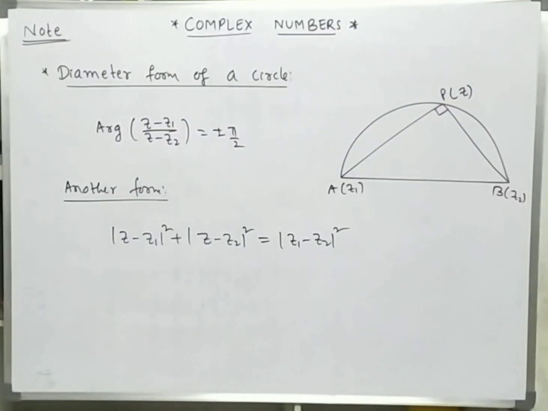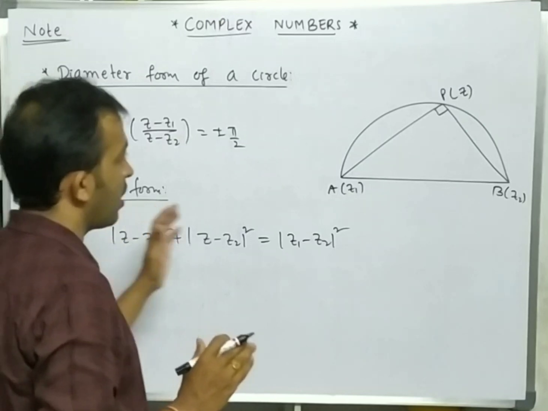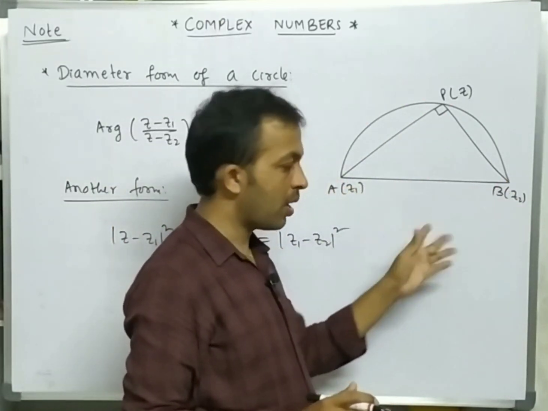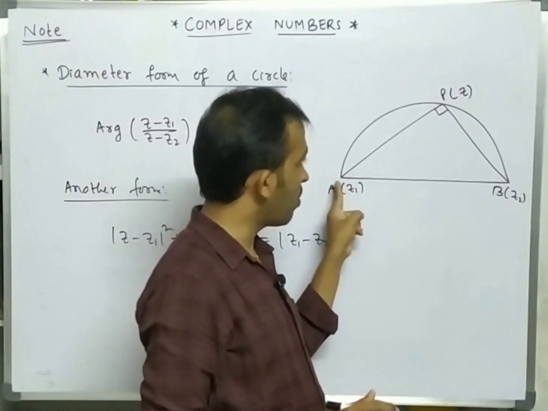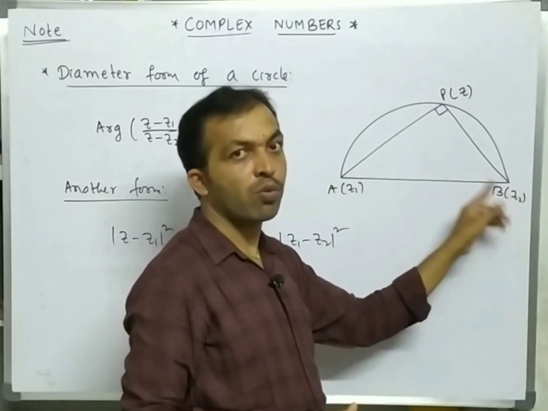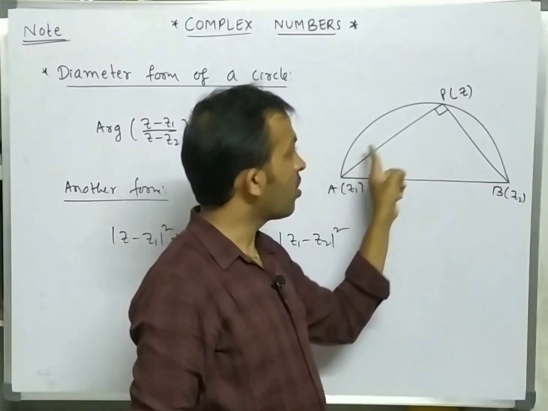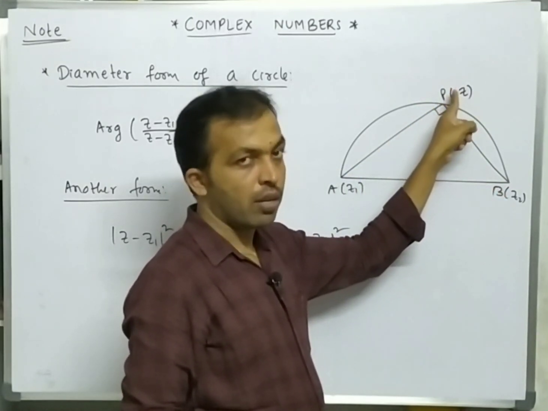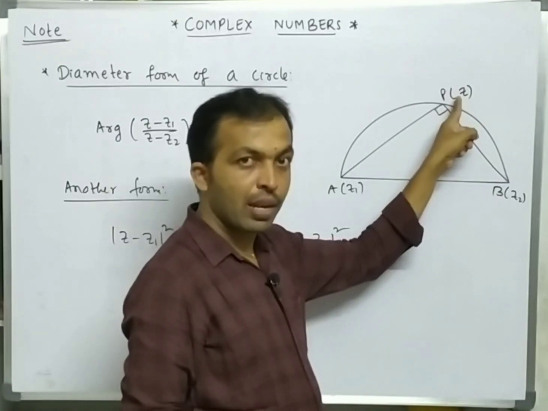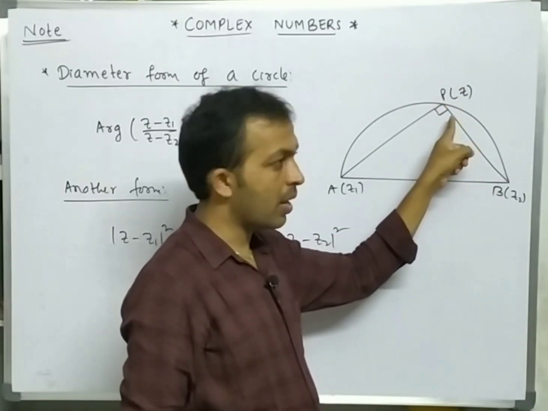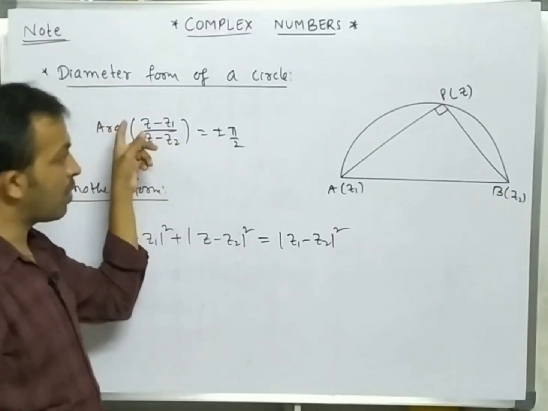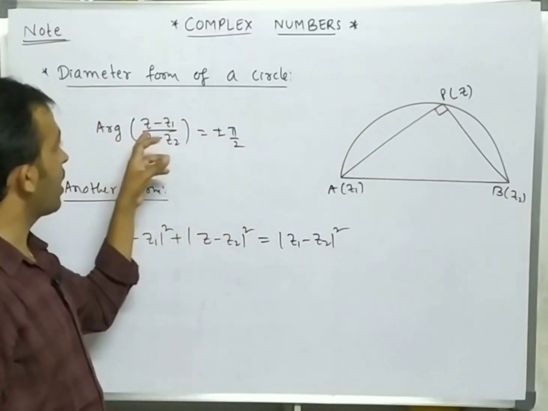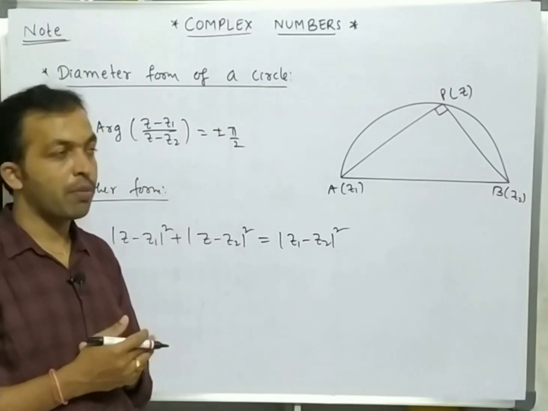Next, the diameter form of a circle. This is the semicircle. With the circle whose diameter end points are A z1 and B z2, P of z is a point on the circle, so it forms a right angle in the semicircle. So the argument of (z minus z1) by (z minus z2) is plus or minus pi by 2.